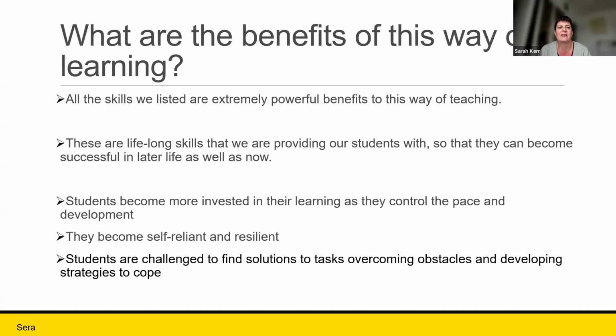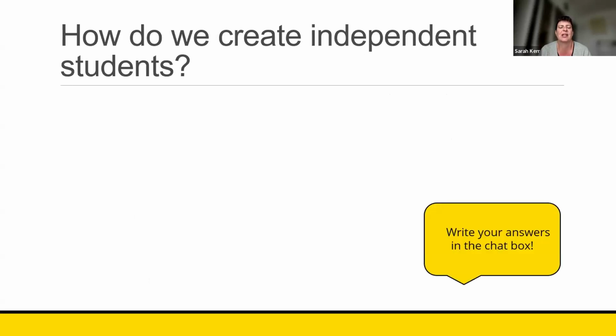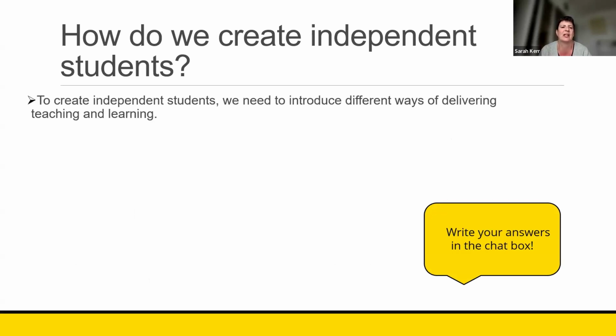So these are the benefits that we are giving to our students when we start handing the learning over to the students themselves. So how do we actually do it? How do we create independent students in our classrooms? Because it's not a skill that's going to happen overnight. It's not going to happen in one day, in one lesson.